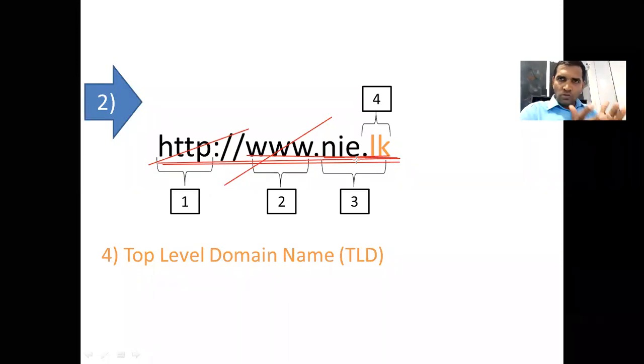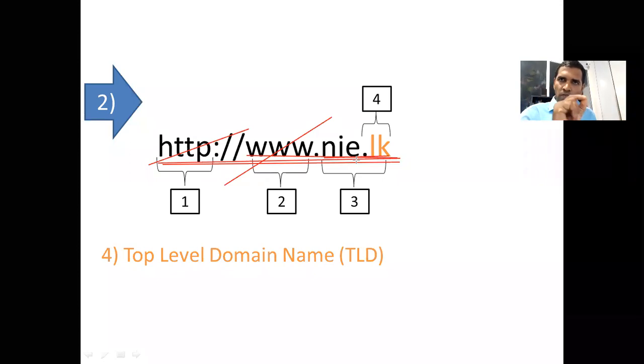For now, you have to understand that this nie.lk represents an IP address, but we are unable to see the IP address. But when we type that nie.lk, that domain name will be converted into an IP address. We are unable to see that, but now your computer got the IP address.